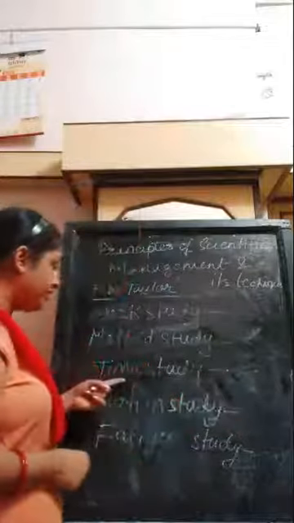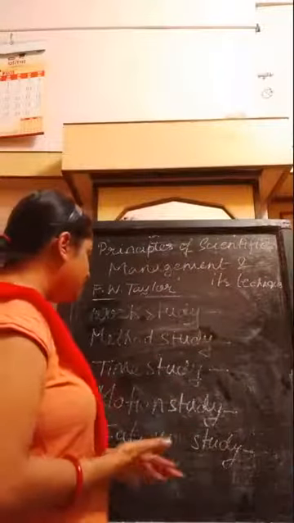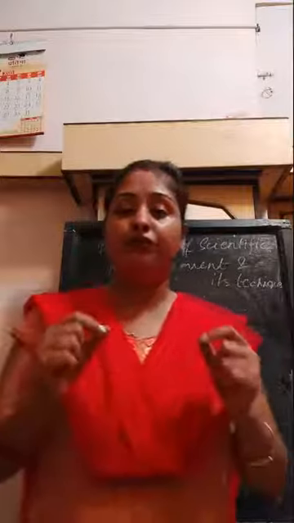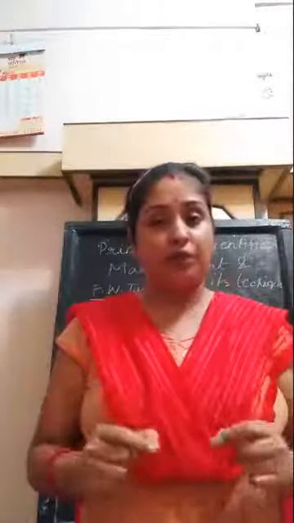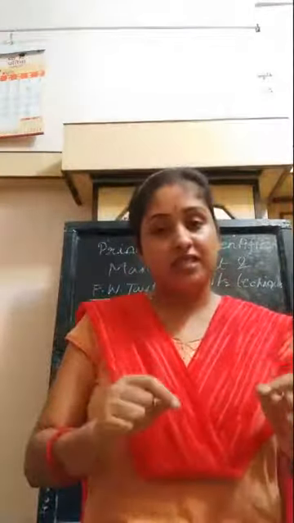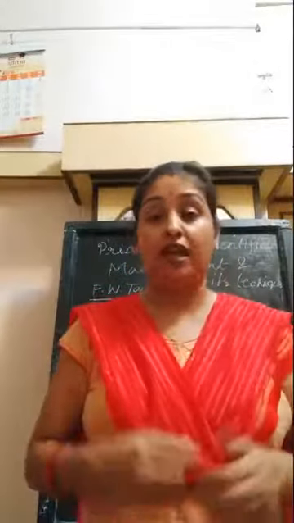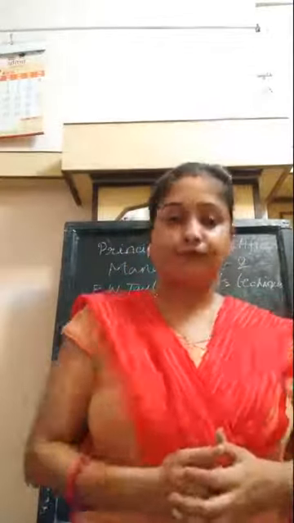Then the third technique is time study. Time study emphasizes on the minimum requirement of time and maximum production. Actually, maximum production with the minimum use of time or efficient use of time.